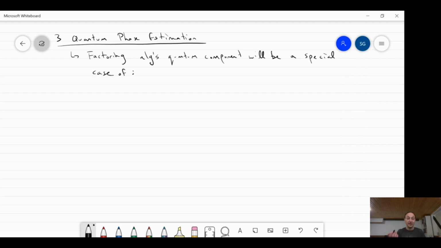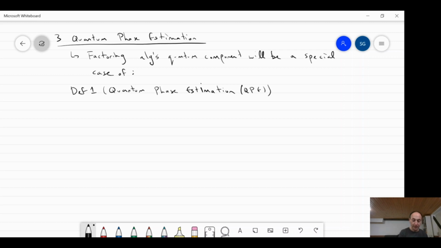And this problem is, as the title suggests, definition 1 in the notes, quantum phase estimation, also known as just QPE.